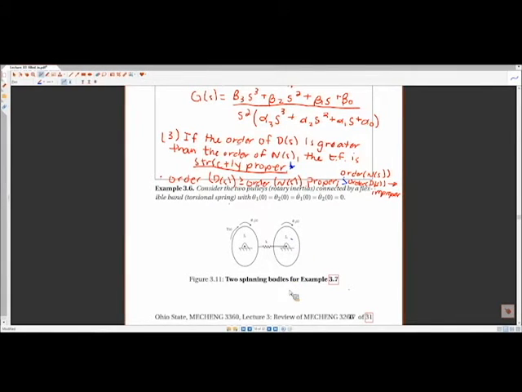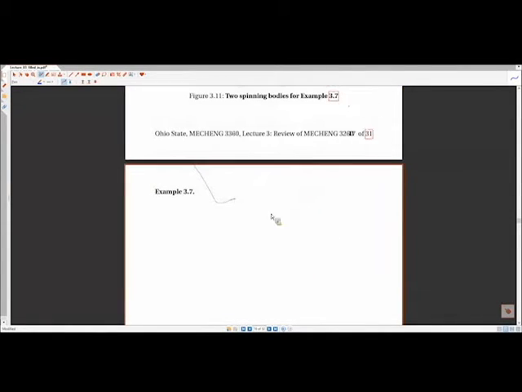Okay, so what we're going to do is, normally, like in 3260, we'd start off with a free body diagram and write the equations of motion from that. Here I'm just going to jump straight to writing the equations of motion.